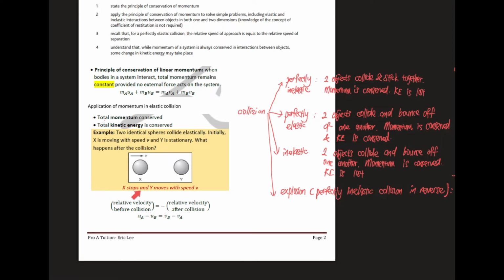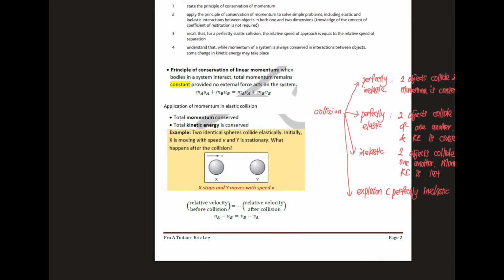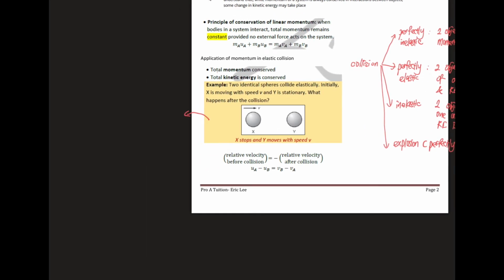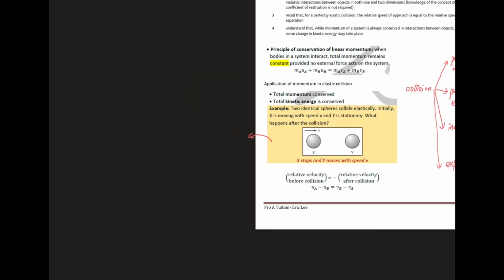X stops and Y moves with speed V. So it seems like they are exchanging their speed, and because of that, the kinetic energy is conserved. So this is under perfectly elastic collision. Of course, if we want to work out the calculation, it is going to be like this.